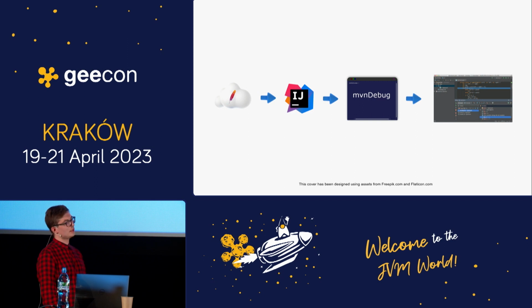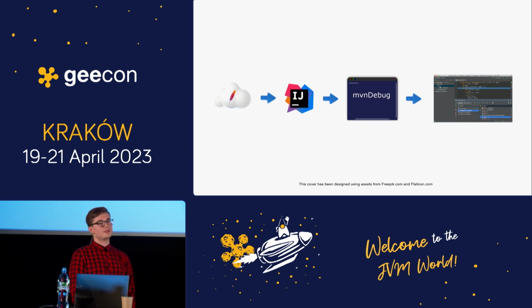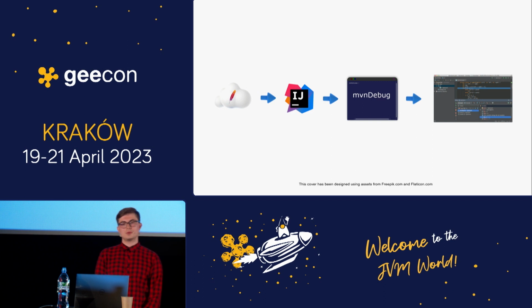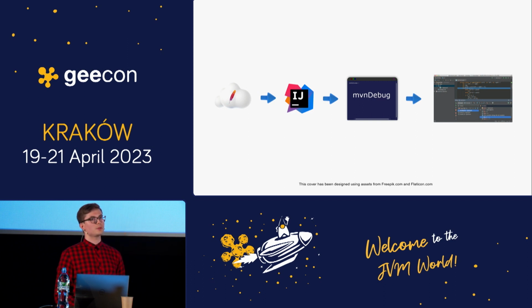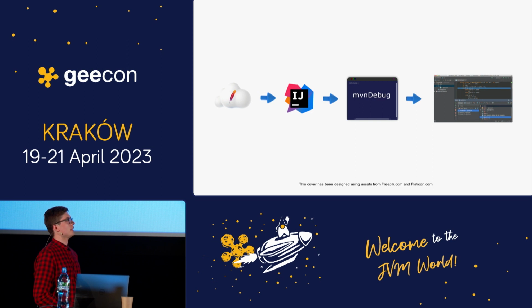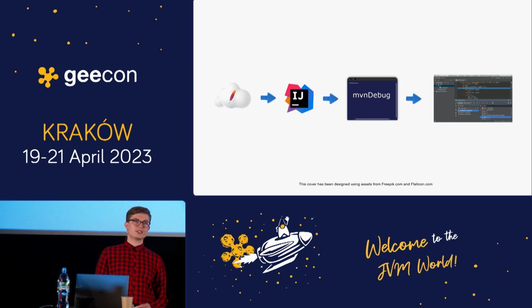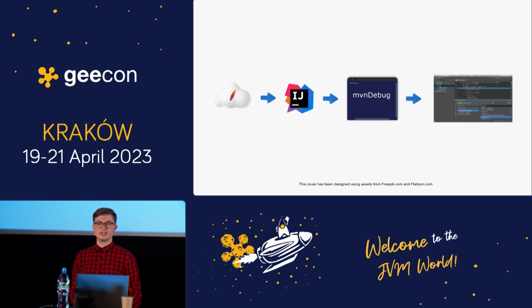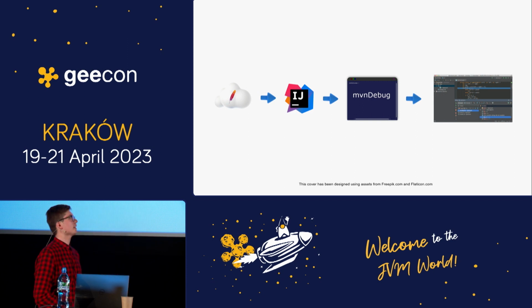Then we would load it up in the IDE of our choice. Later on, we will run the Maven debug command with a particular goal that we are trying to investigate, which will expose a port for remote debugging, which we can then attach to from our IDE and find what we want to find.